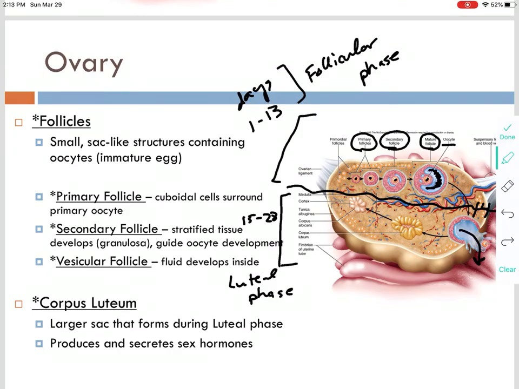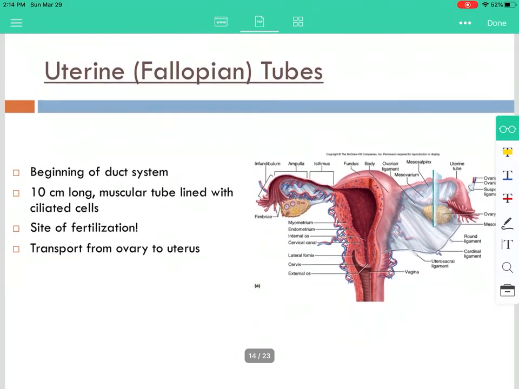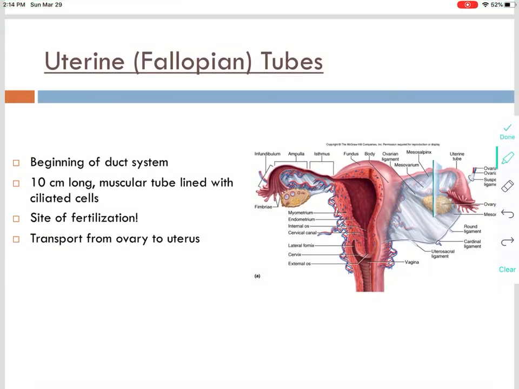And in the second half of the month, the ovary develops a structure called the corpus luteum. It's yellow shown here. So the function of the ovary in the second half of the sexual cycle of the month is to produce the corpus luteum, and this is what's going to produce and release the sex hormones, estrogen and progesterone. So the ovary is oh so important.